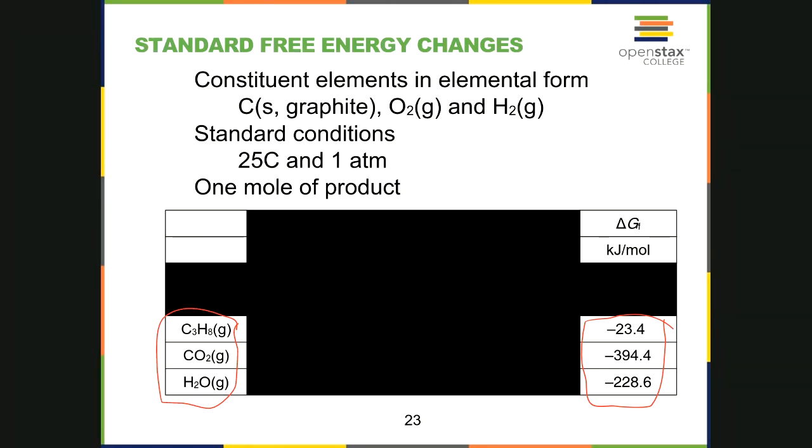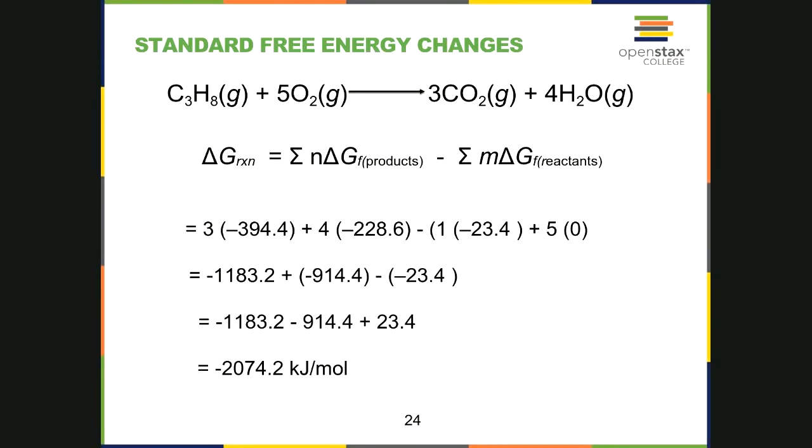Okay, so now we want to see what we are going to use these free energies of formation for. Well, we can do something like this. Notice that where we're going to end up in the end is a value of the Gibbs free energy for a reaction.